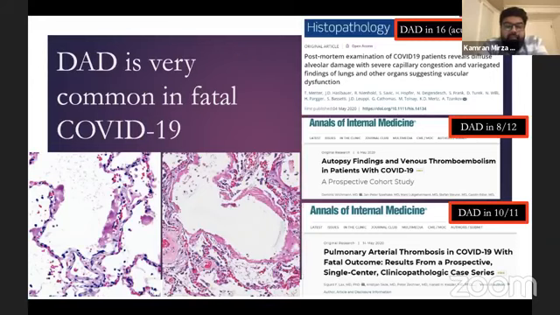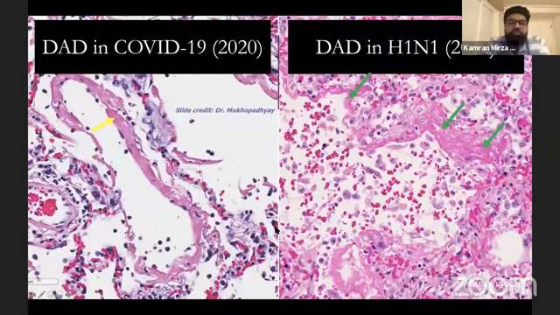But again, if you take a look, you can see that in these cases, while the alveolar septa are still pretty thin, there are these pink hyaline membranes, which are indicative of diffuse alveolar damage. One wonders if diffuse alveolar damage by itself would be very specific to COVID-19.